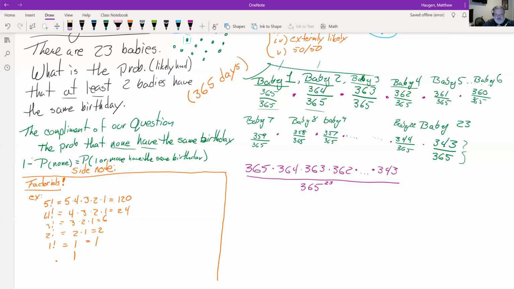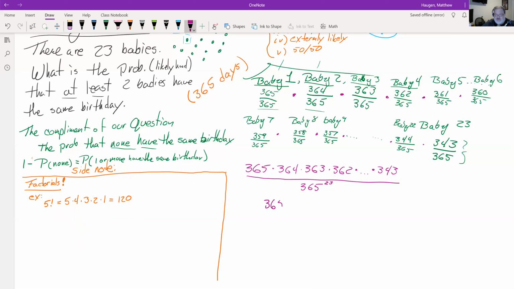So we will see that happen, but don't worry about that. Factorials allow us to multiply numbers in this kind of descending order. So 365, 364, 363, 362, if we want to multiply all those together, using a 365 factorial is going to be handy.